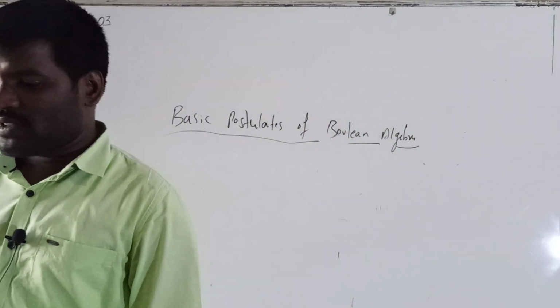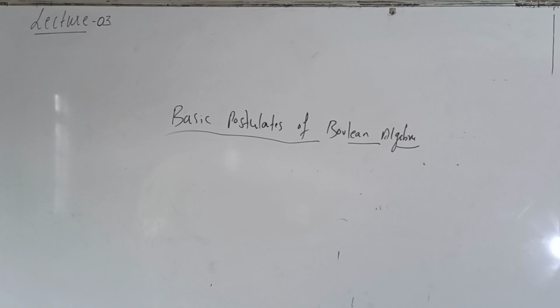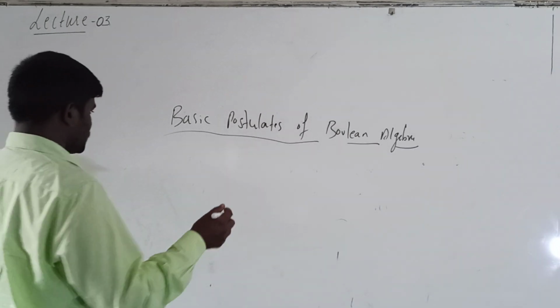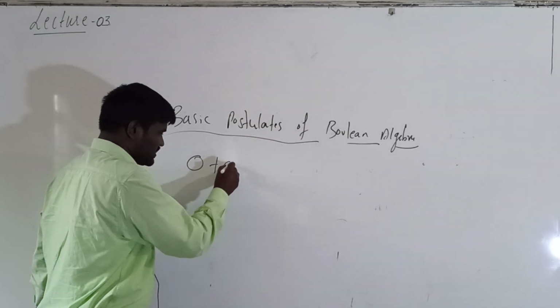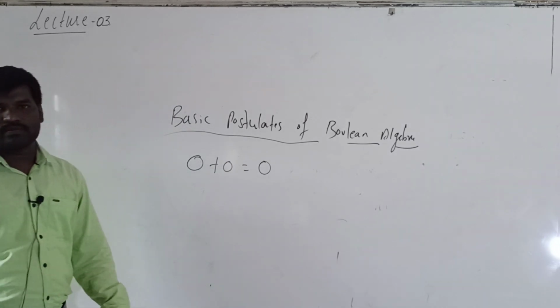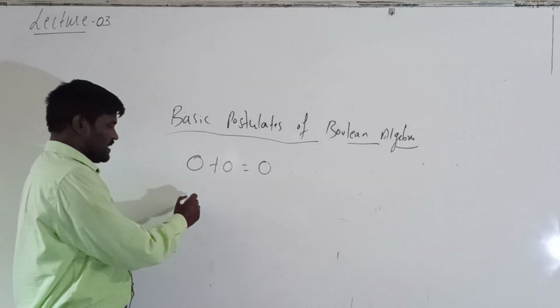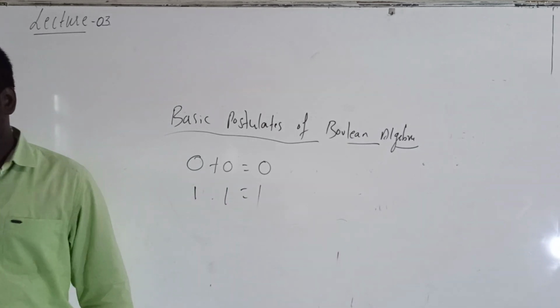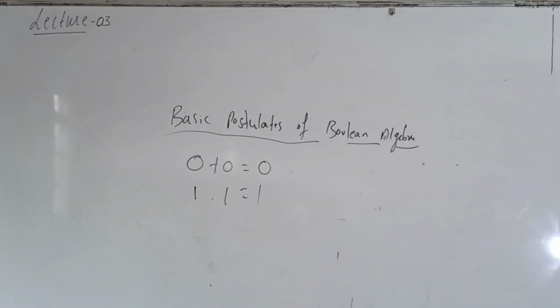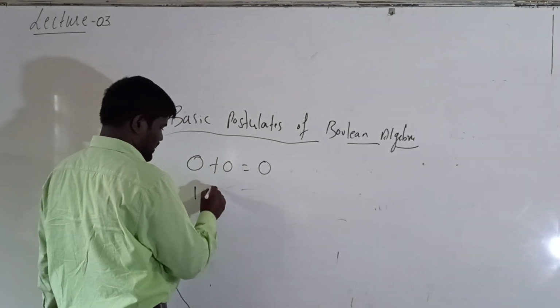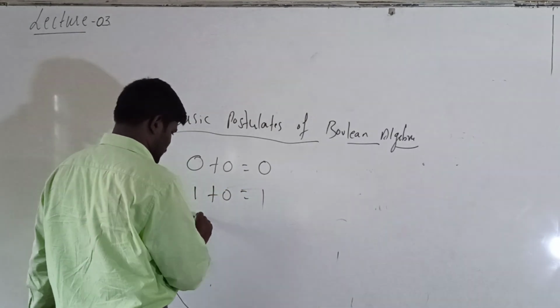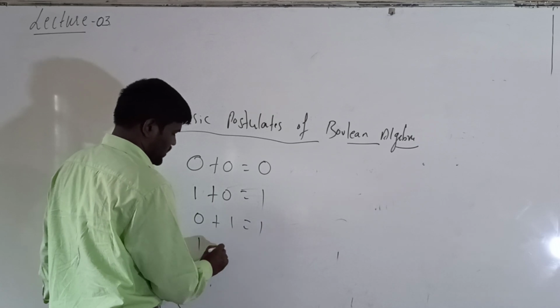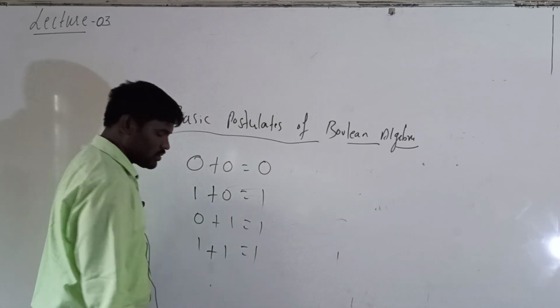Okay, so the first one is 0 plus 0 is equal to 0. In the same way, 1 into 1 is equal to 1. Or we can take 1 plus 0 is equal to 1, 0 plus 1 is equal to 1, and 1 plus 1 is equal to 1.